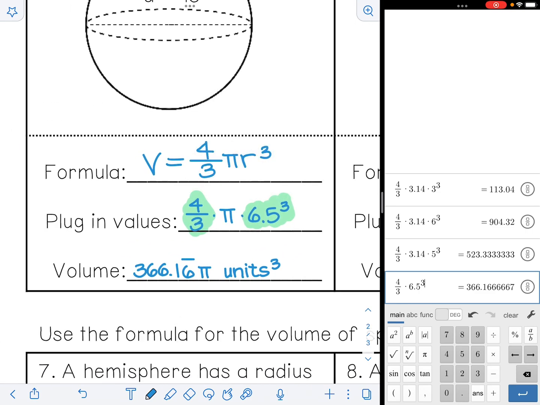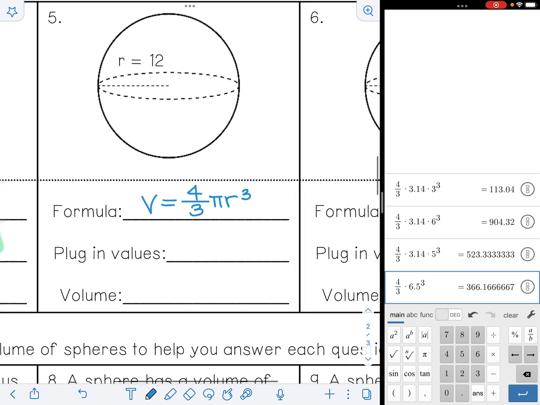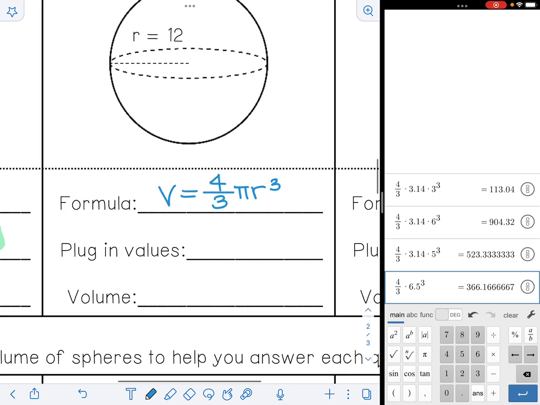So when our problem says in terms of pi, you are not multiplying pi in, you're not multiplying 3.14 in, you are just multiplying the other numbers in the formula and then attaching the pi at the end. Number 5, we would have 4/3 times pi times our radius of 12 to the third power.